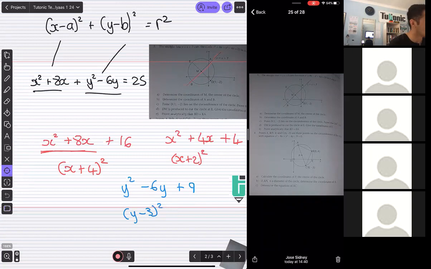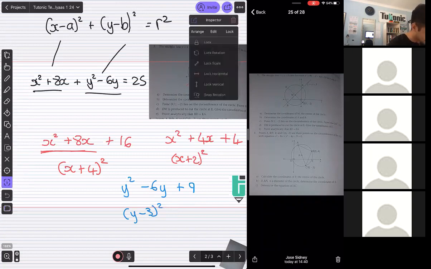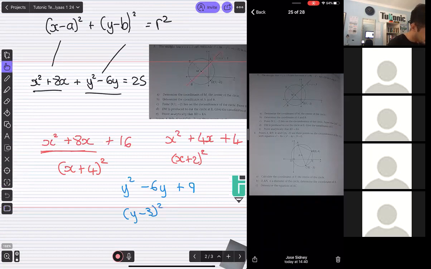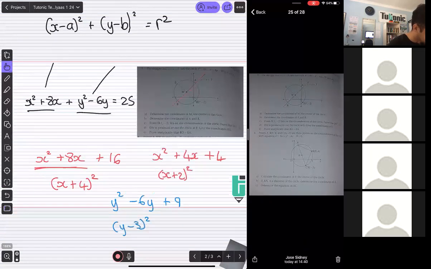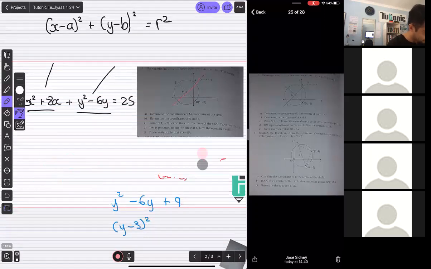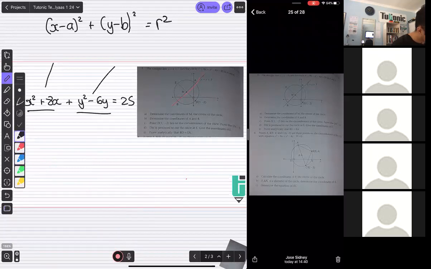Okay. So right now, in this particular question, I can write x squared plus 8x and then add 16, because that gives me my perfect square. And then plus y squared minus 6y plus 9, because that gives me my perfect square.